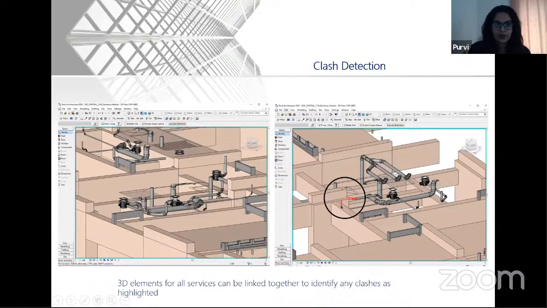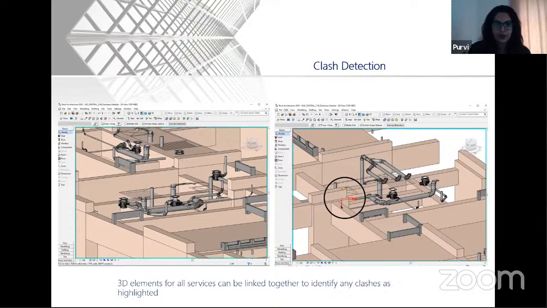This is a very nice way, before taking it to Navisworks, if you still want to explore what the clashes are. Though Navisworks will give you a report, because in Revit architecture you will have to manually search for the clashes. Navisworks will automatically show you the clashes that are happening around.